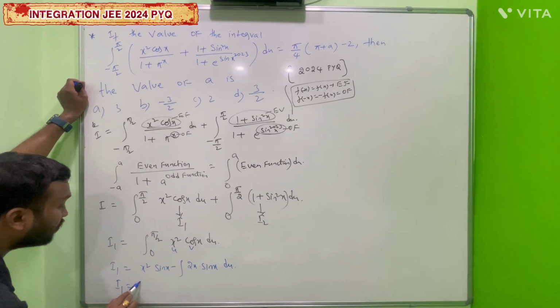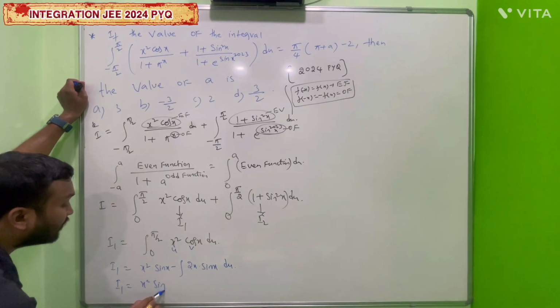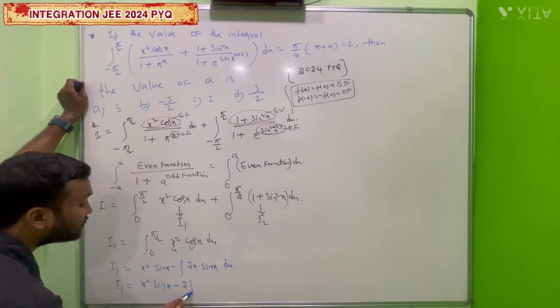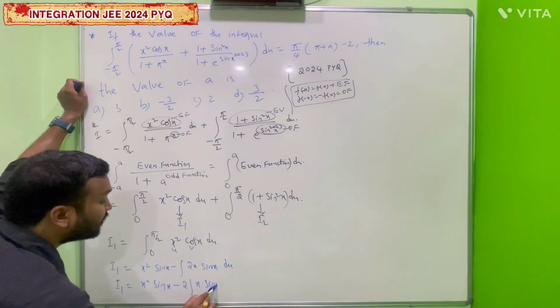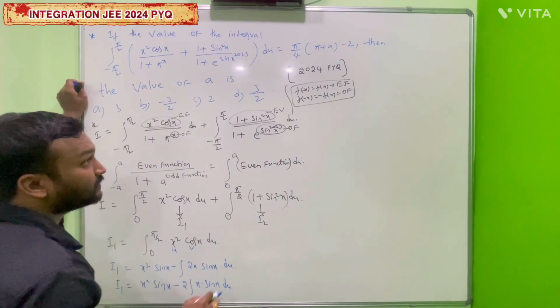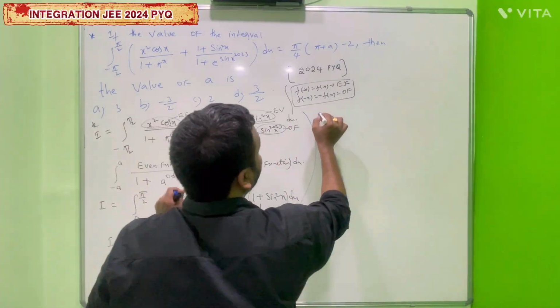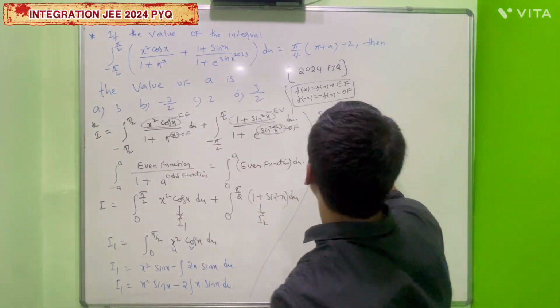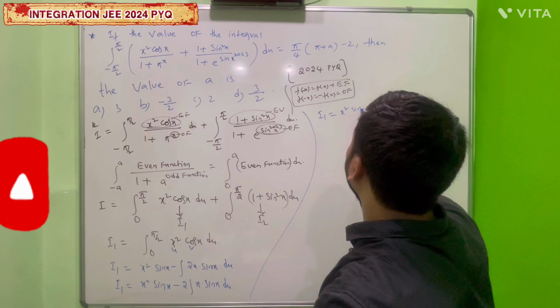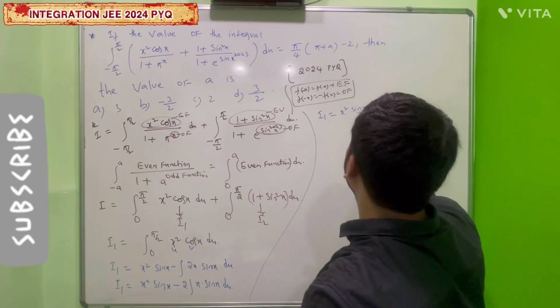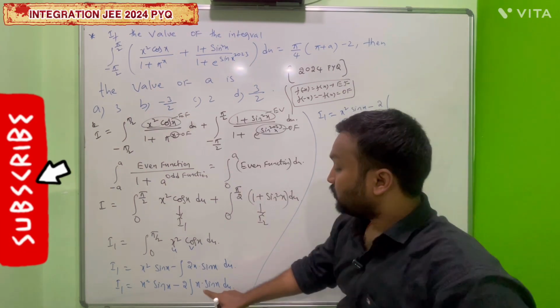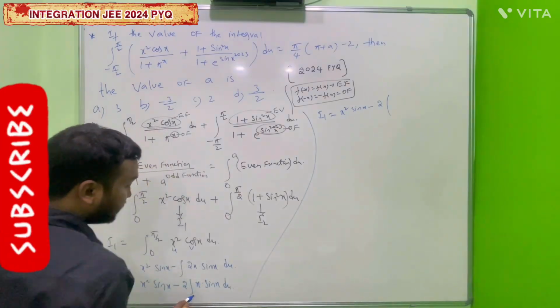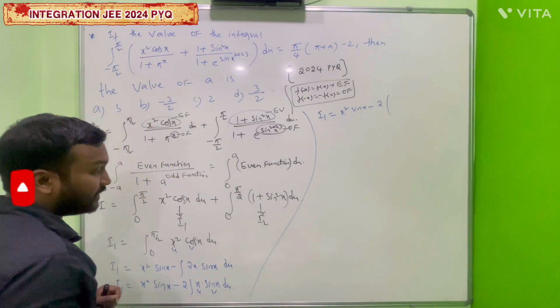So I1 is equal to x square into sin x minus 2 times of integration of x into sin x with respect to dx. So from this one we can write I1 is equal to x square into sin x minus 2 times of, again uv formula. Again what is u here? x is u and v is sin x.